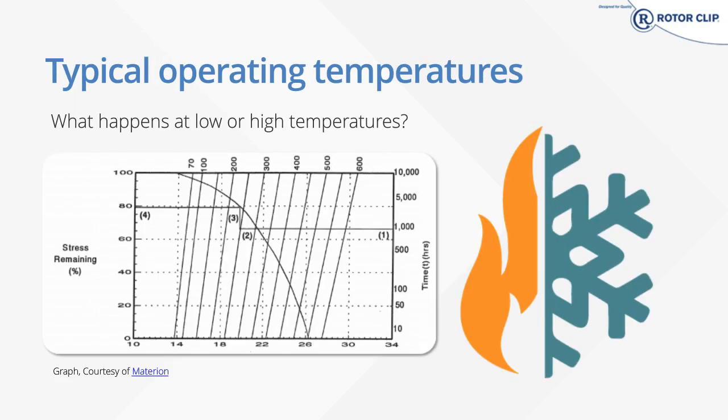So this is a graph that shows what happens at higher temperatures. As the temperature increases, the performance of the ring decreases. So thrust loads are greatly reduced, material strength is reduced, and eventually the parts will fail completely. So if you're pushing the extreme limits of the thrust load of the ring, you usually want to be in the 100 degree Fahrenheit range.